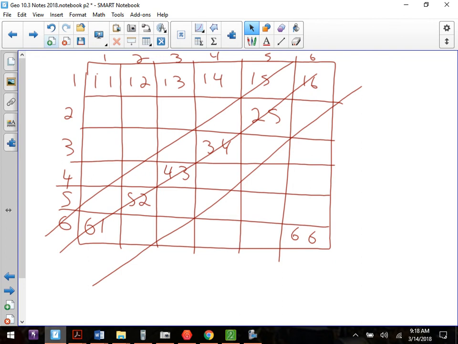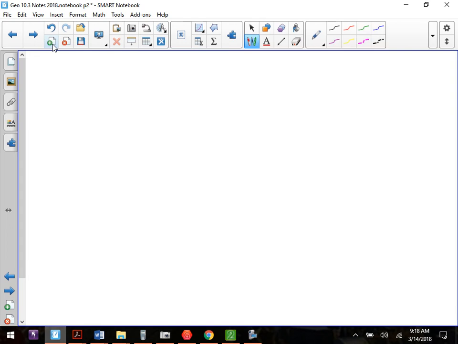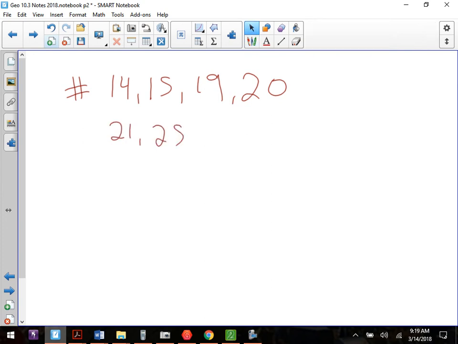On this one, you'll do this on a separate sheet because obviously if you're looking at this, there's no room to do any of this work. Let's do 14, 15, 19, 20, 21 and 25. How's that sound? All right. Full whopping 6 of them.